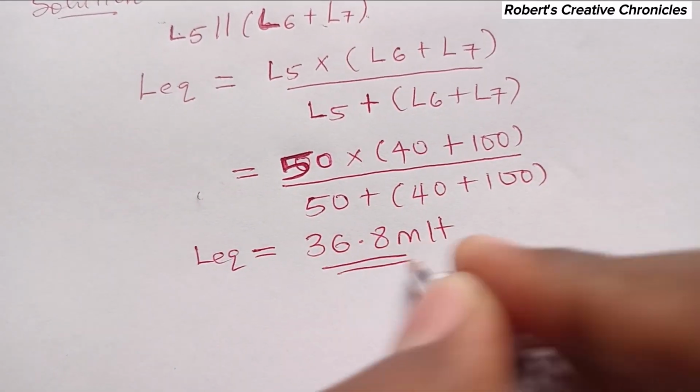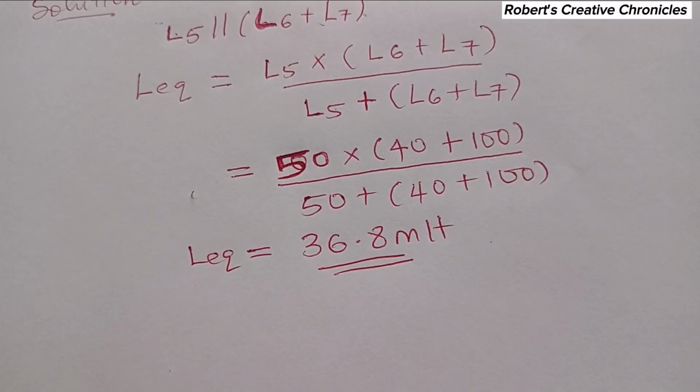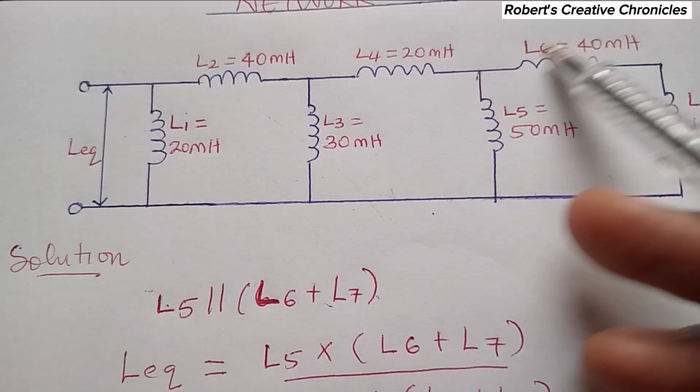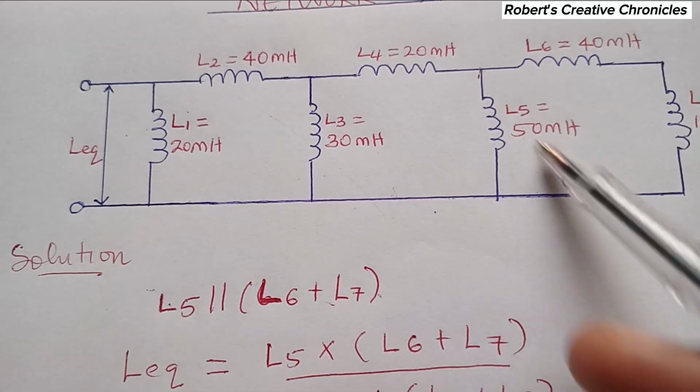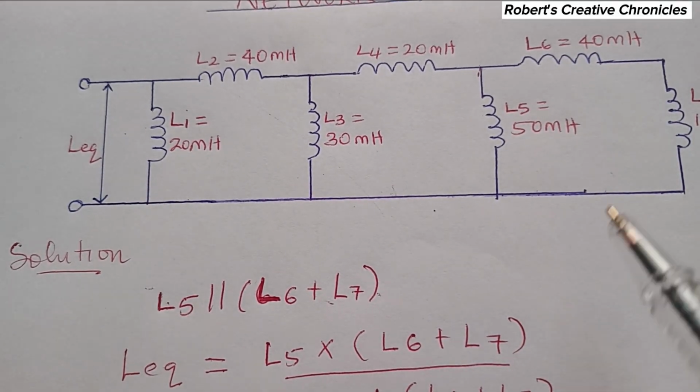So the equivalent of this whole branch here is 36.8 millihenry.